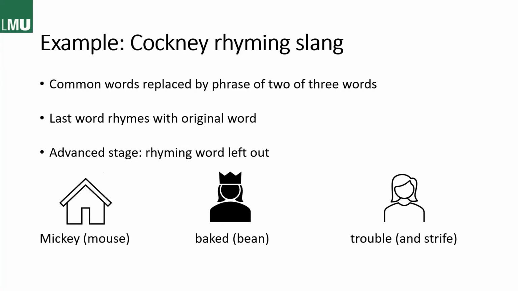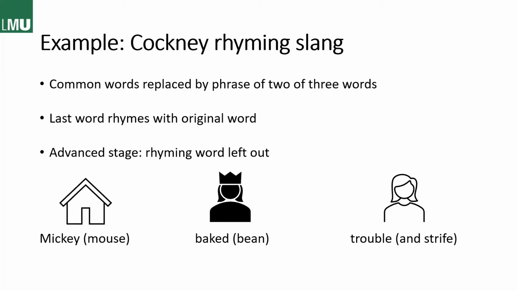My example for that is Cockney rhyming slang, where common words are replaced by phrases of two or three words, and the last word of these rhymes with the original word. If we get to a very advanced stage, the rhyming word is left out, so you really have to know your slang. Otherwise, you don't get a thing.